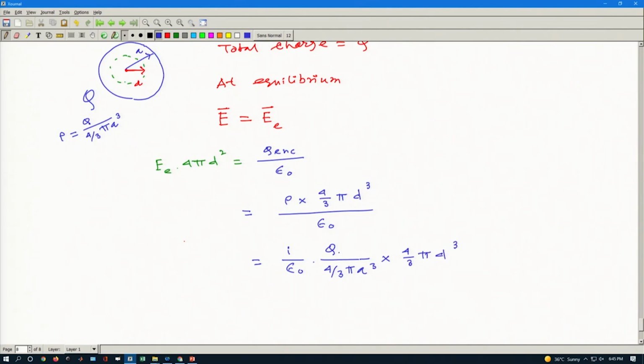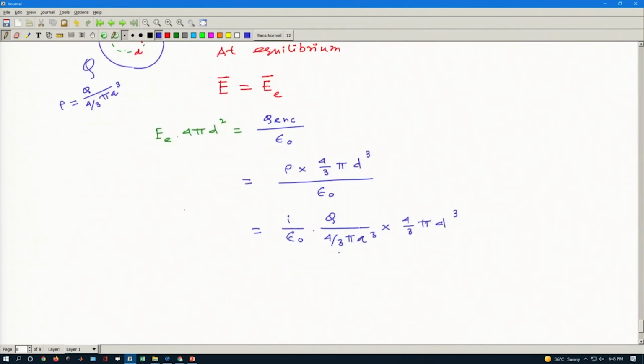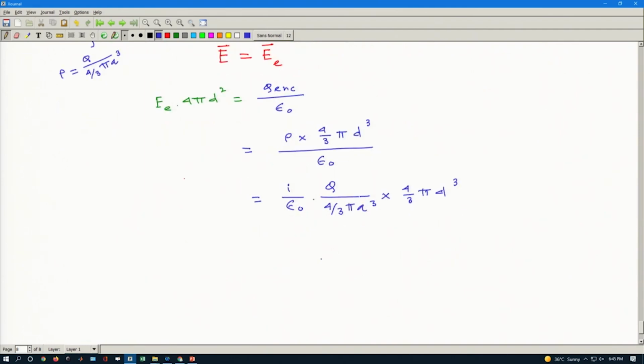So, the 4 by 3 pi will cancel out, and eventually we have E equal to Q multiplied by d cube, divided by epsilon naught a cube, multiplied by 1 by 4 pi d square, which is already on this side.